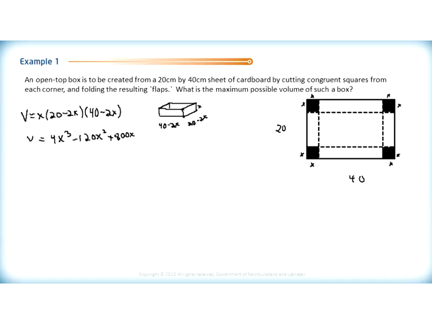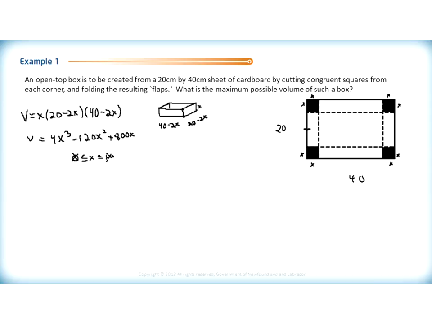If we want to put some restrictions on our variable for our domain, x would have to be bigger than 0 or we're not going to get any volume. And if x is any bigger than half of that side, we're going to be in trouble because we don't have enough cardboard. So x has to be less than or equal to 10. But in both of those situations, if we hit the endpoint, we get 0 volume, so both of those are not going to count when we look for our absolute max.